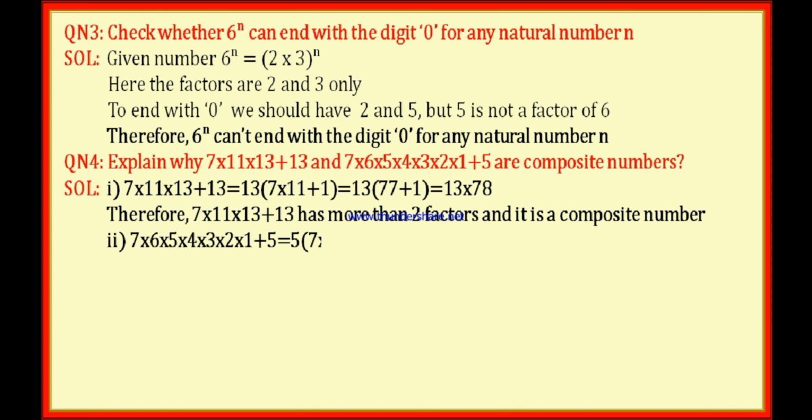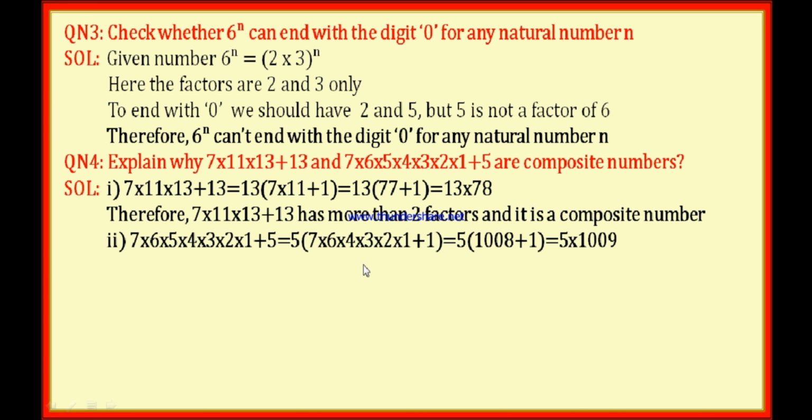And the second part, 7 into 6 into 5 into 4 into 3 into 2 into 1 plus 5, and again you take 5 common. If you take 5 common, then you have 7 into 6 into 4 into 3 into 2 into 1. If we take 5 common from 5 into 1, we have 1.